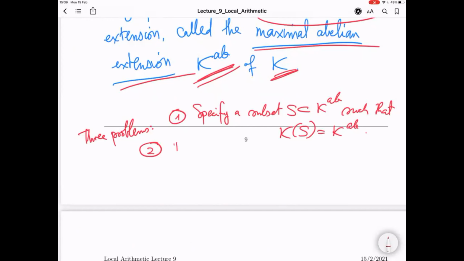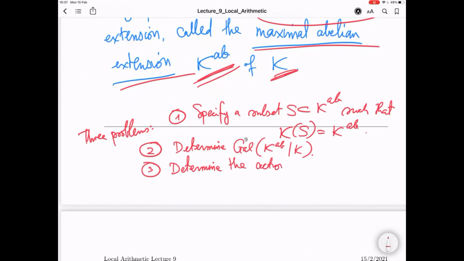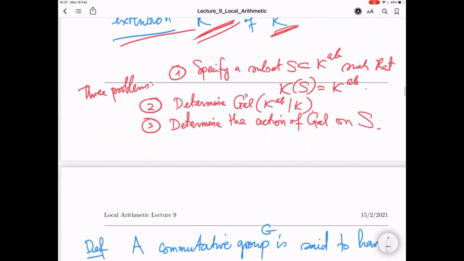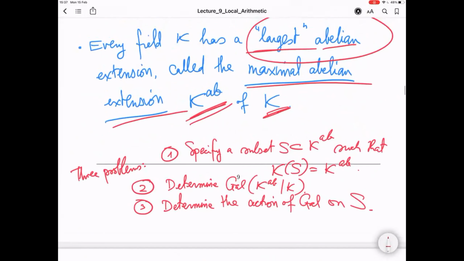Then determine the Galois group of this K abelian over K. And the third thing would be to determine the action of this Galois group on S. So again, even this simpler problem where you are just looking at abelian extensions is sometimes too difficult to solve for the fields which are of interest to us.